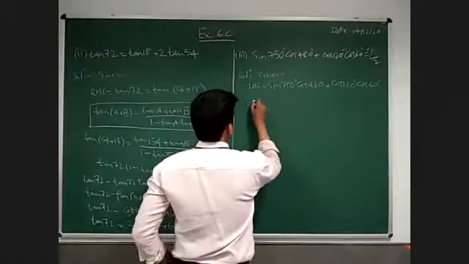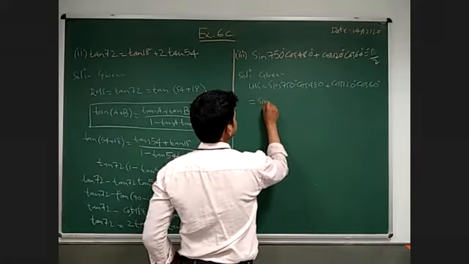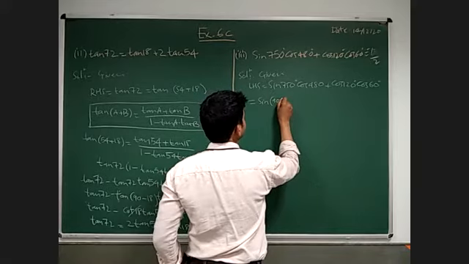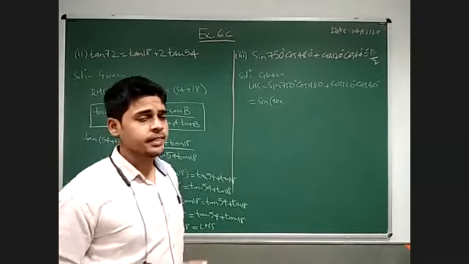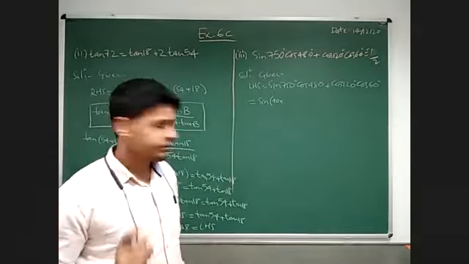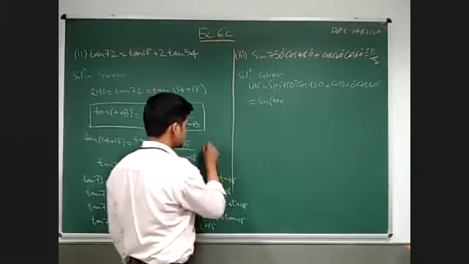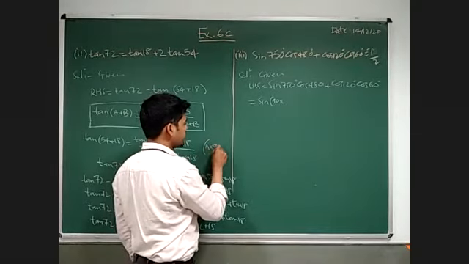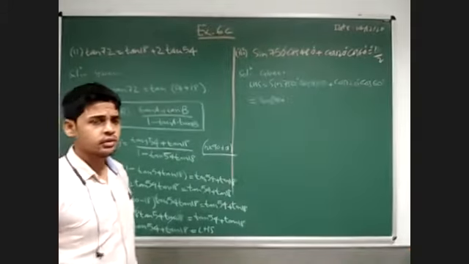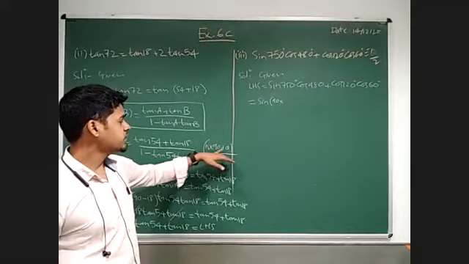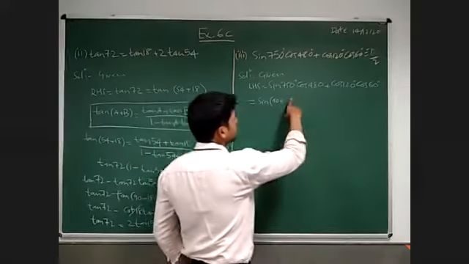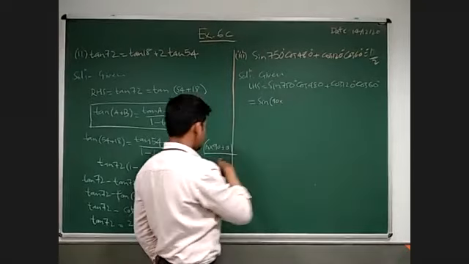Now I can write sin 750 as, I already told you that if the theta value is in bigger form, then we have to make it in the form n into 90 plus minus theta. So I'm going to make it in this form.